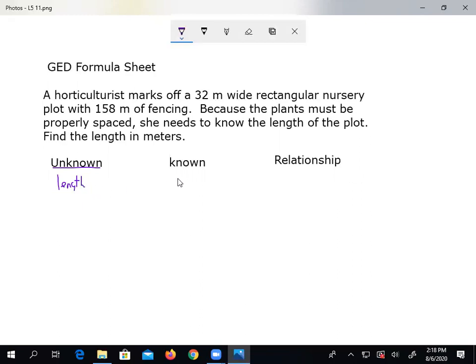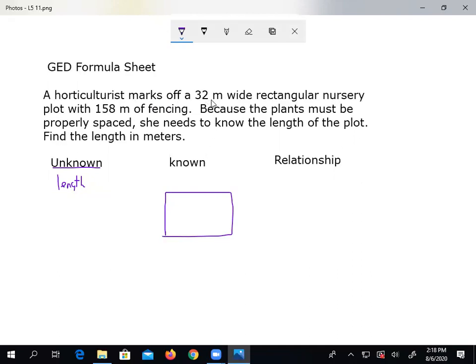And then what we need to know is what is known. A horticulturist marks off a 32-meter wide rectangular nursery. So what's known is we have a rectangle. With geometry, it's a good idea to draw the shape, the rectangle.